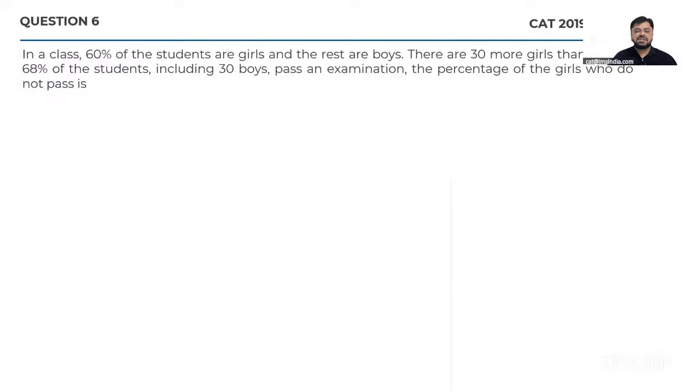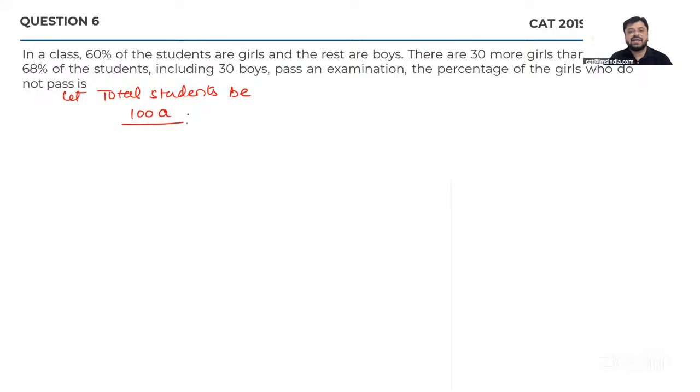In a class, 60% of the students are girls and the rest are boys. So let the total students be 100A.